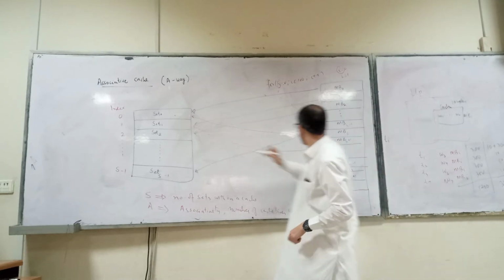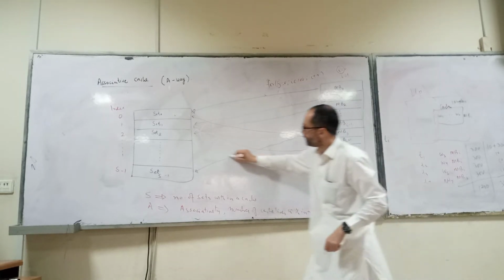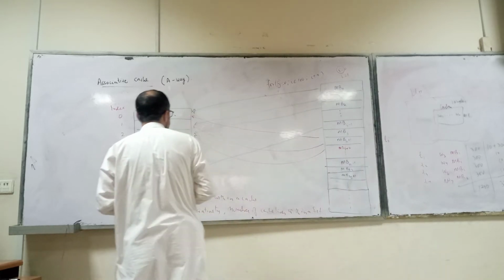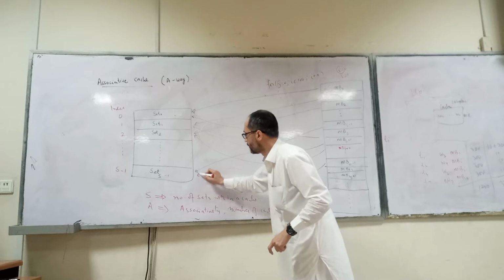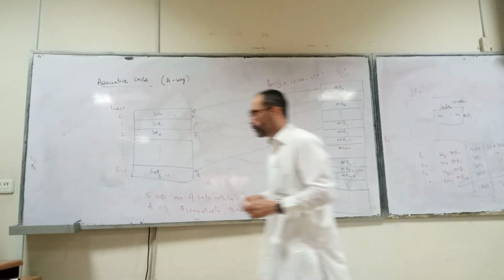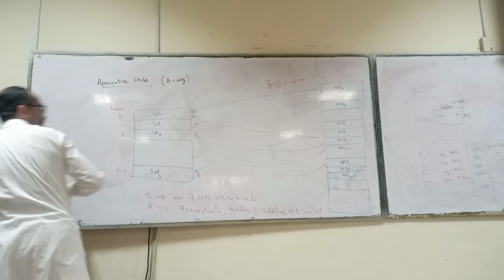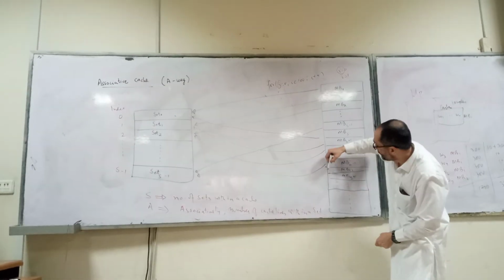Main memory block S plus 2, set 2. Main memory block 2S minus 1, set S minus 1. What about 2S? Again it will be mapped to set 0.